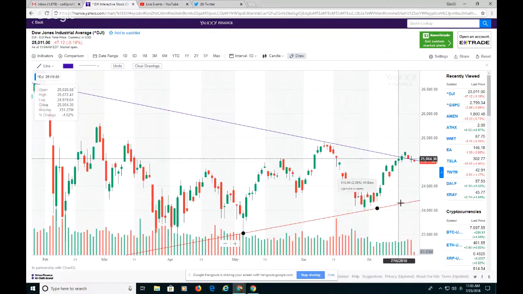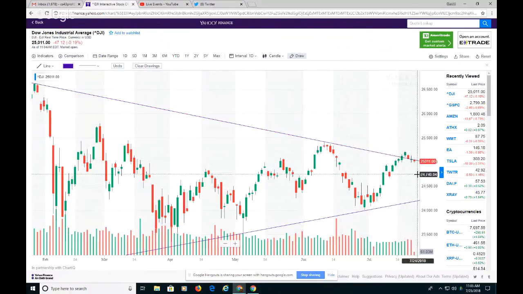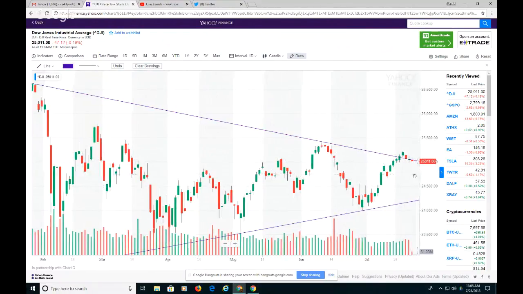And you notice these trend lines are not parallel, so they will intersect. We know that from geometry. So it's conceivable that if the Dow continues to trade within the two trend lines, we can get sideways motion for some time. Let's see about how long.